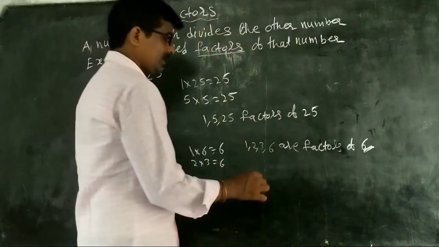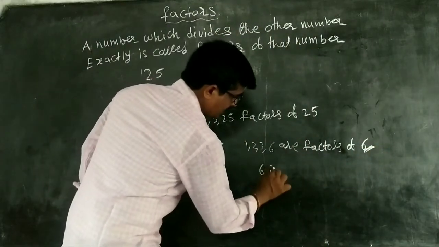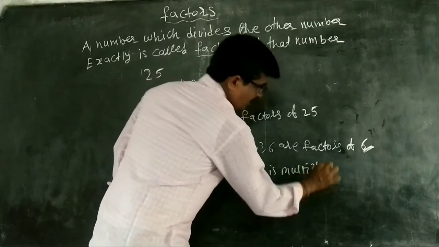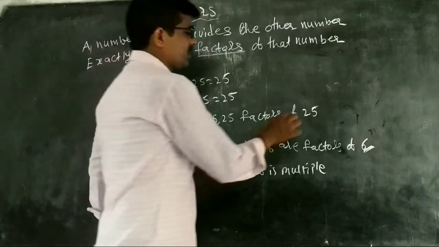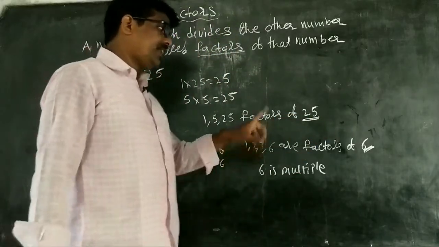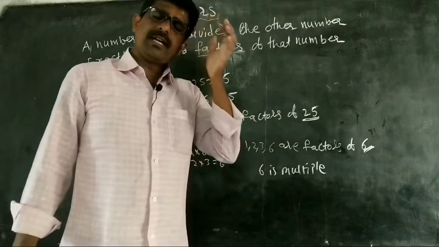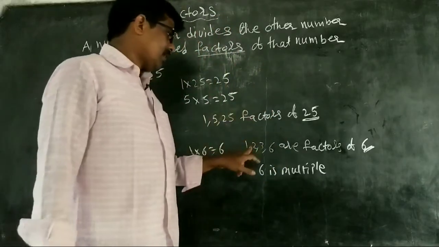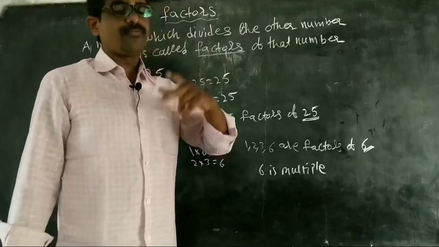But here 6 is the multiple. And 25 is the multiple. Every number is a factor of itself. 1 is also a factor of itself.